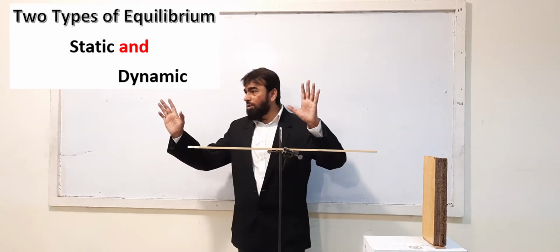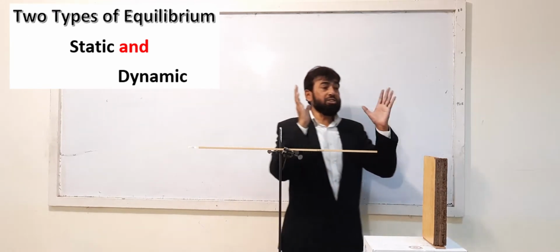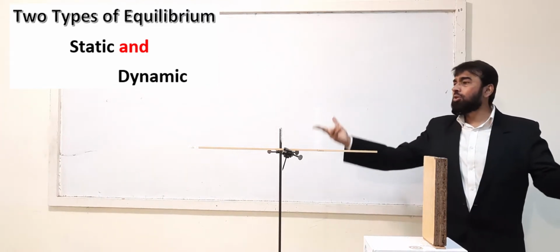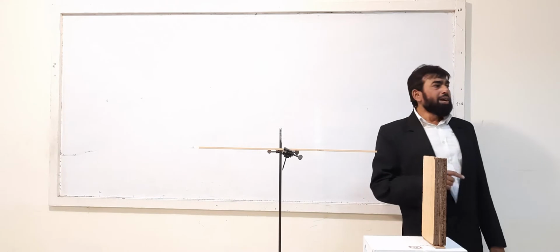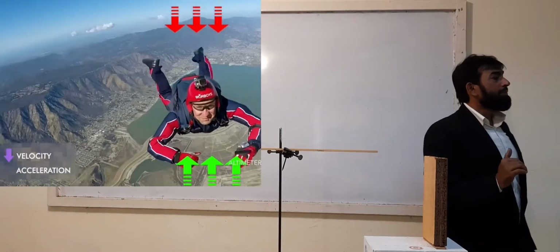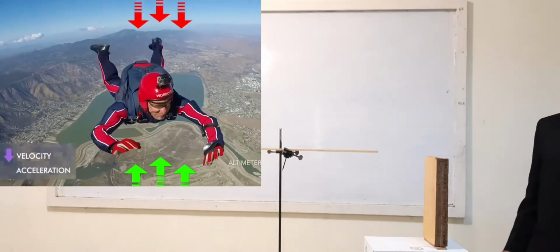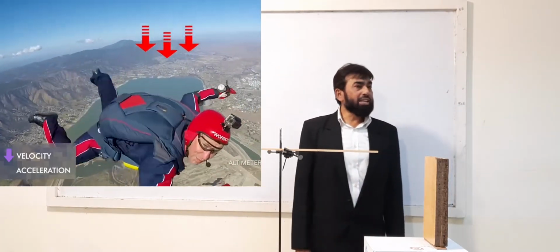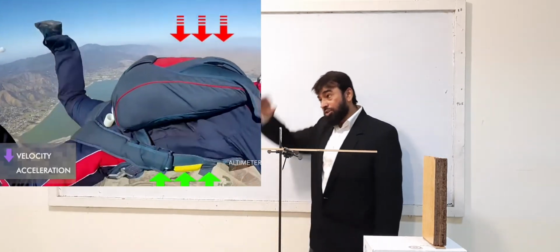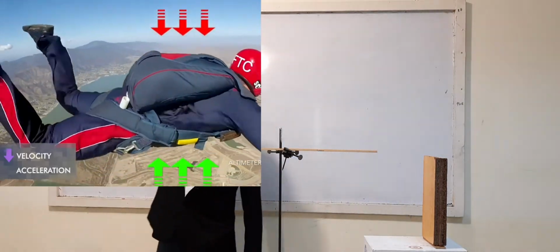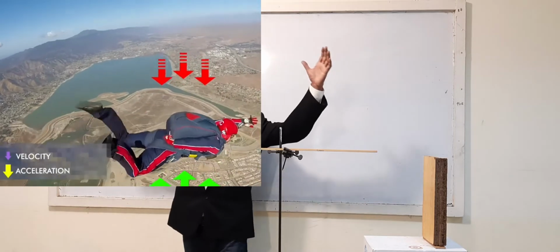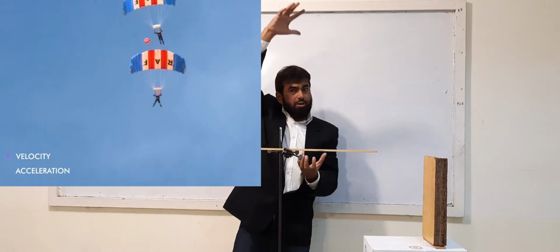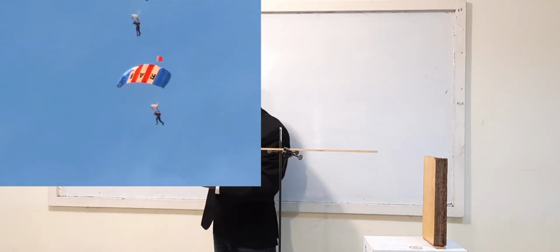In either state of equilibrium, remember a very major thing, that acceleration must be 0. If the body is at rest, there is no question of acceleration. I told you about the terminal velocity: when a parachutist is falling from a height and opens the parachute, after some time his weight and the upward air resistance become equal to each other.